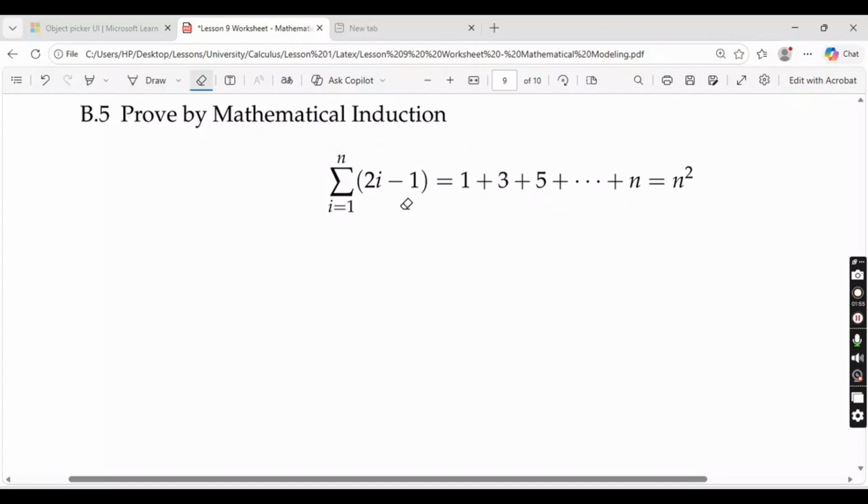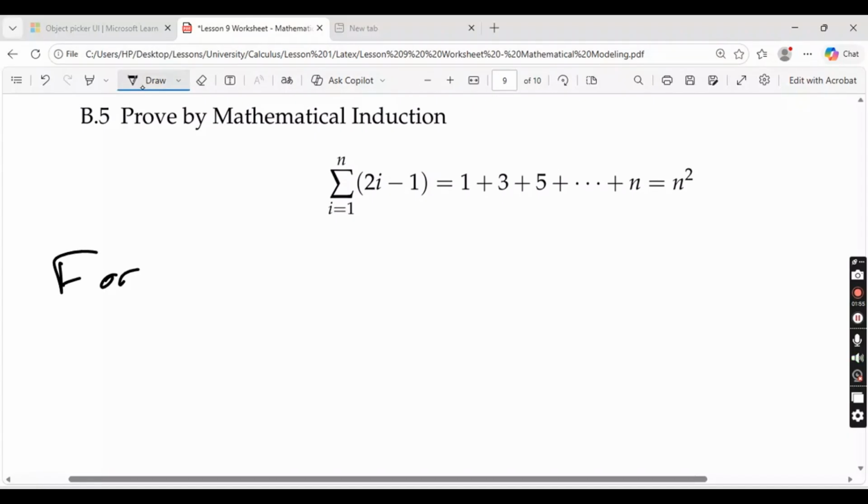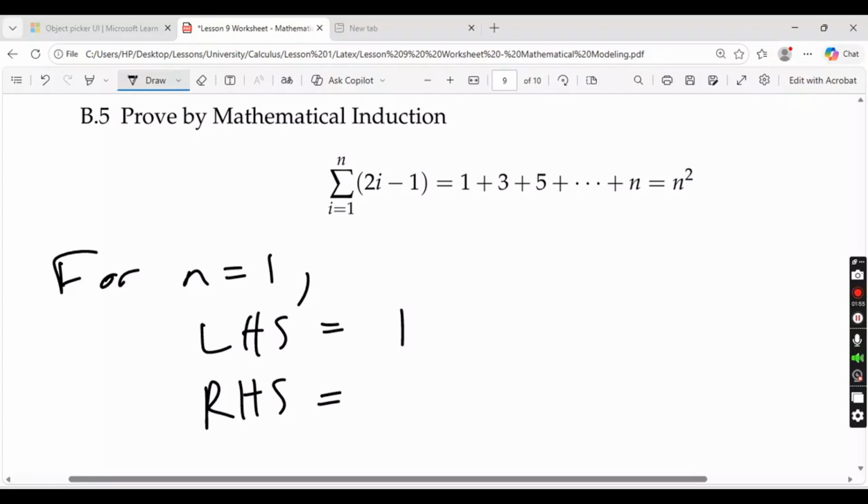All right, tell me what to do. We are going to prove for n equals 1 and then say the left hand side is equal to 1. Right hand side is equal to 1 squared.